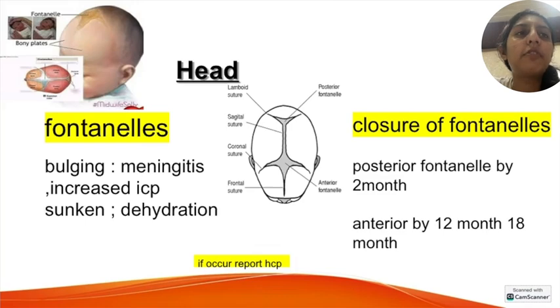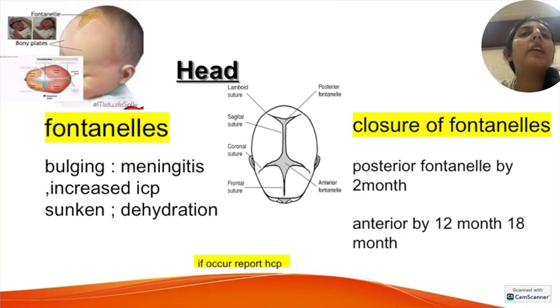It's a priority action. If the fontanel is bulging at rest, it means meningitis or increased ICP. If the fontanels are sunken, it means dehydration or fluid volume deficiency. We must report these to the HCP or doctor.